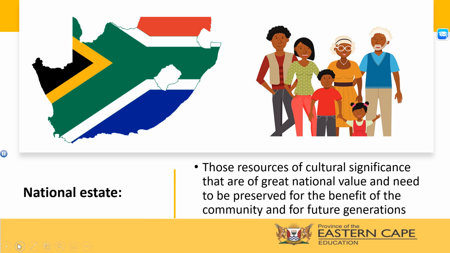So somebody from the Xhosa culture will perceive a specific thing as being part of his or her heritage of the Xhosa people, whereas a person who is Afrikaans will perceive something different to be part of his or her heritage.